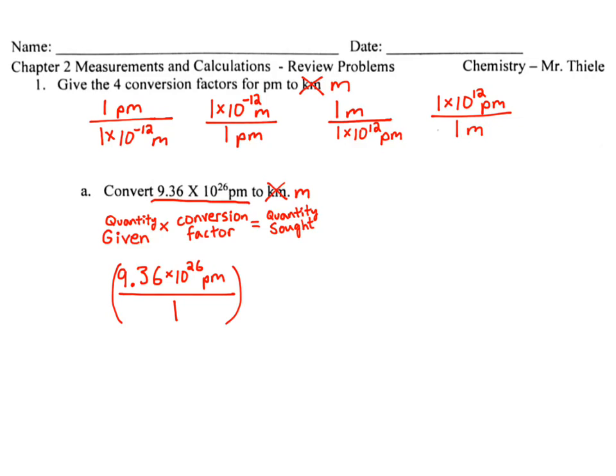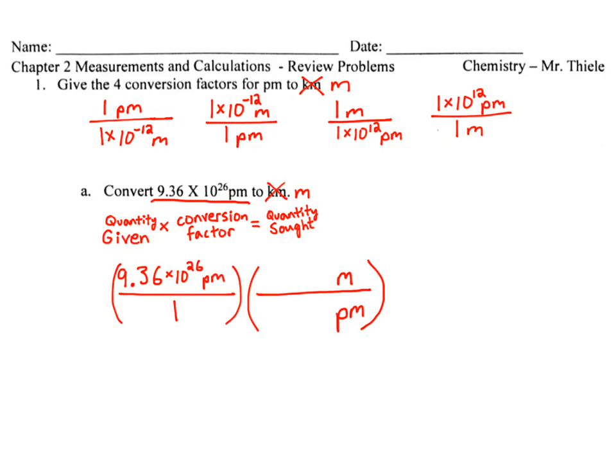Now we have to choose which conversion factor will allow us to convert from picometers to meters. We're going to determine which conversion factor will cancel out picometers and thus result in meters. We're going to want a conversion factor that has meters over picometers, because that will allow us to cancel out our picometers and result in meters.